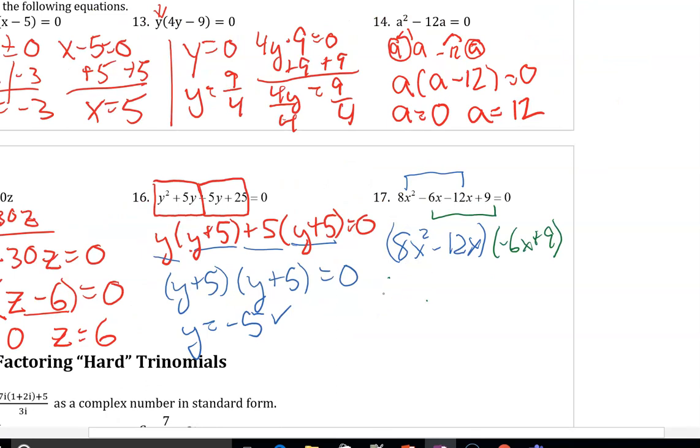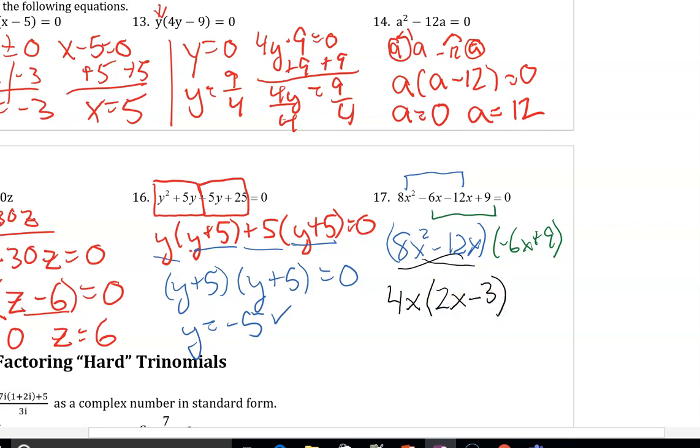So on number 17, this time I have 8x squared minus 6x minus 12x plus 9. I'm going to rearrange it a little bit, as you see here, so that I have 8x squared minus 12x. So I can factor out 4x. If I factor out a 4x, I'm left with 2x minus 3.